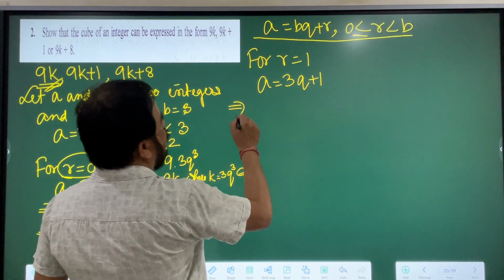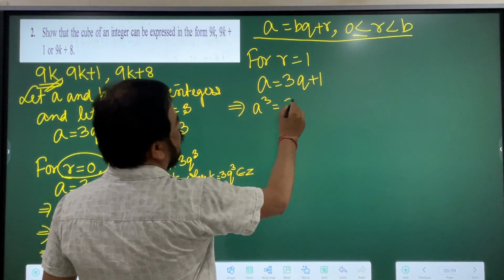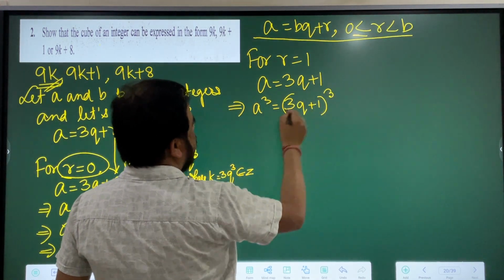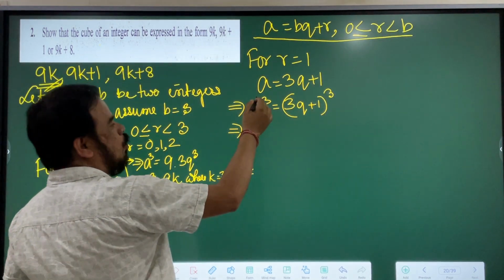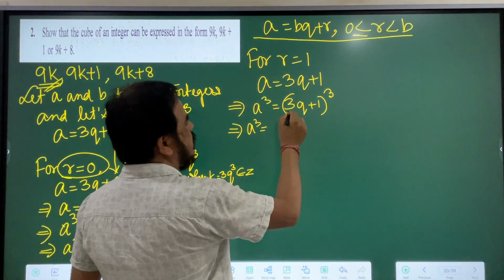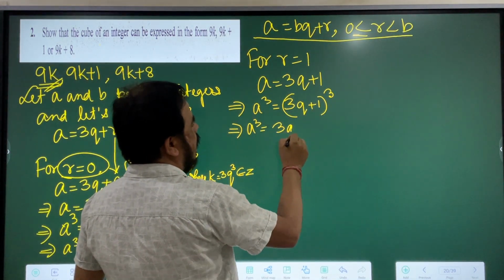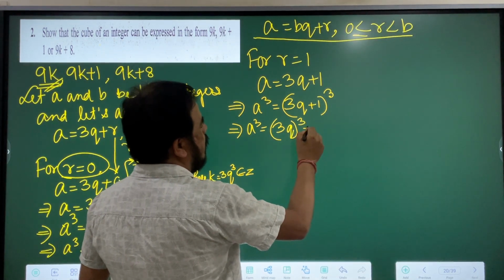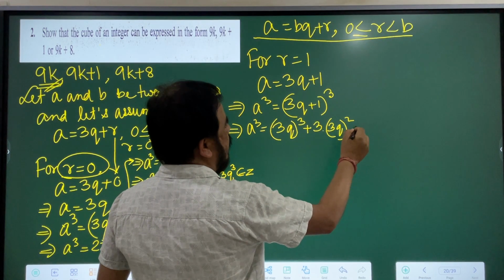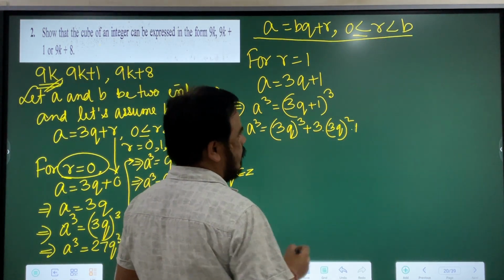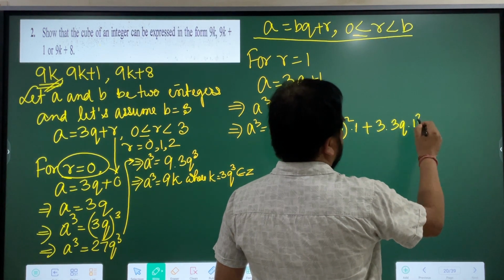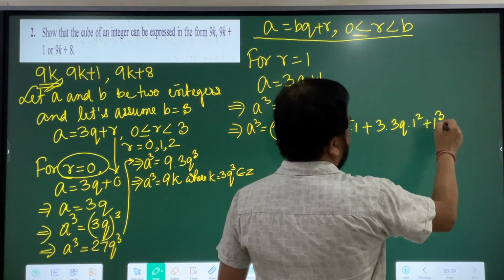Now we will do just simply cubing both sides. I am not going to explain again why cubing both sides is done, because I already explained. So a cube, this is (a plus b) whole cube: a cube plus 3a square b plus 3ab square plus b cube.